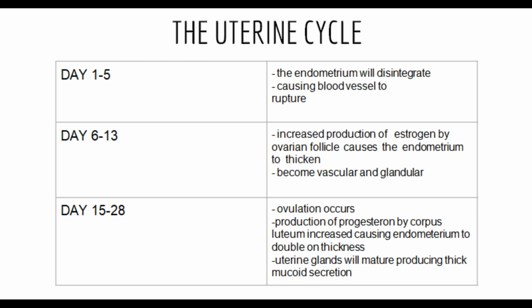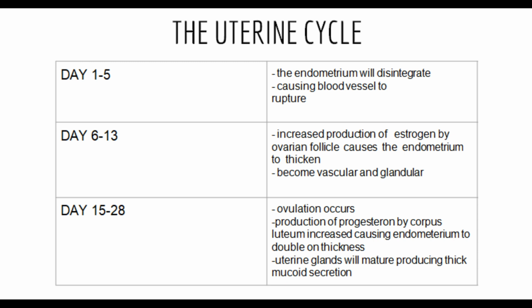Okay, so today I will be explaining about the uterine cycle. I will show you the diagram after this, because this slide cannot be shown right away. Let's begin with the uterine cycle. The uterine cycle has three main phases.